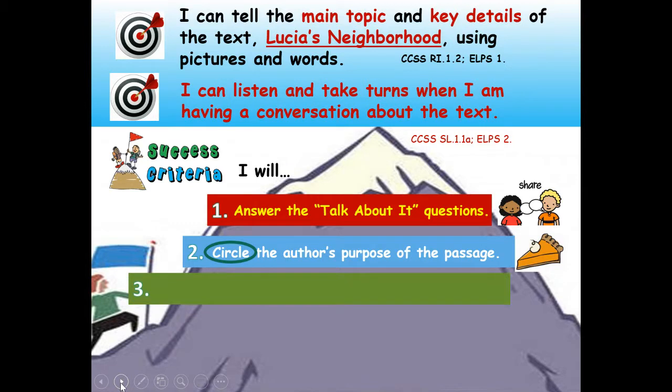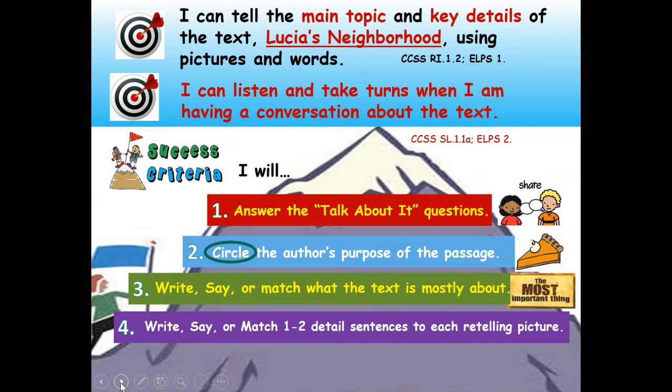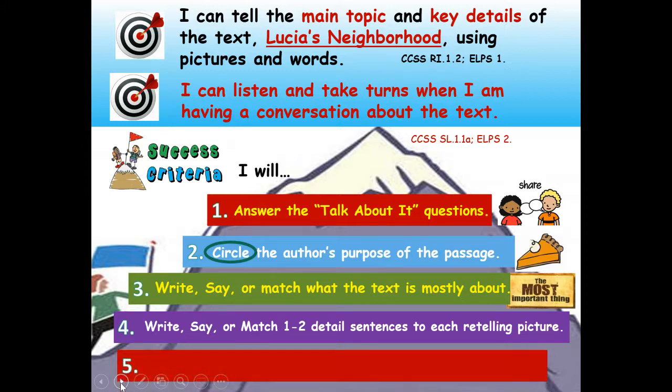Number 3, write, say, or match what the text is mostly about. What's the most important thing about Lucia's Neighborhood? 4, we're going to write, say, or match 1 to 2 detail sentences to each retelling picture. And then we're finally going to write, say, or match what the author wants us to learn. And that's related to the main idea. It's also related to the author's purpose.